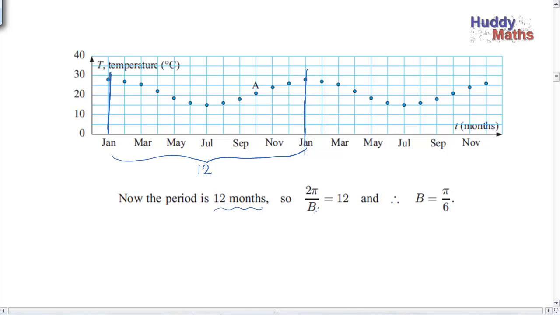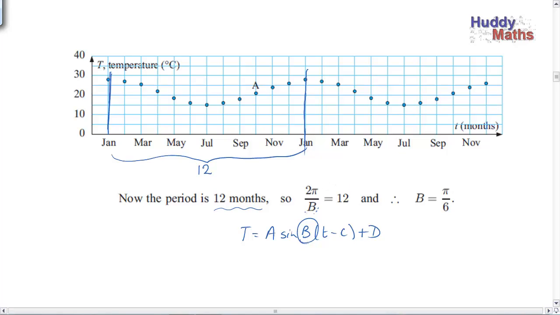Okay, so in our formula where we've got T equals a sine b(t minus c) plus d, what we're saying, if we stretch it in the x direction by a scale factor of 1 on b, what will the number of cycles be in 2 pi?